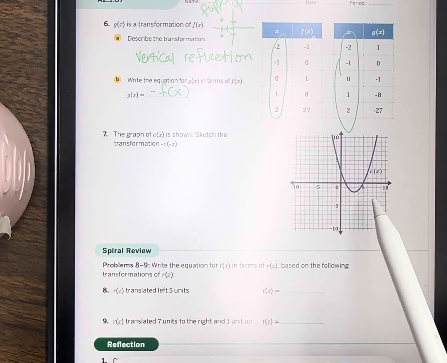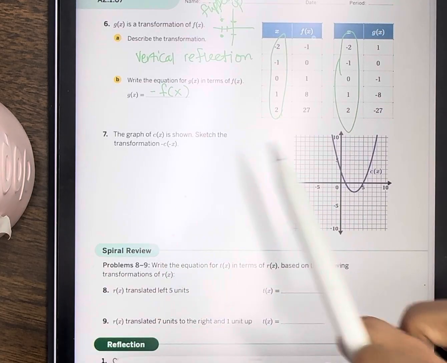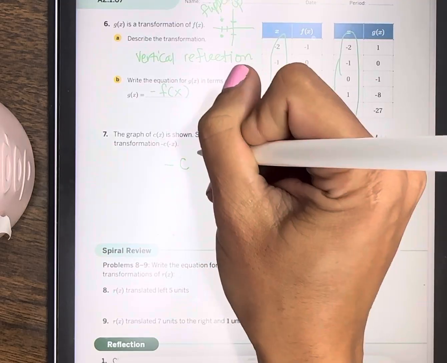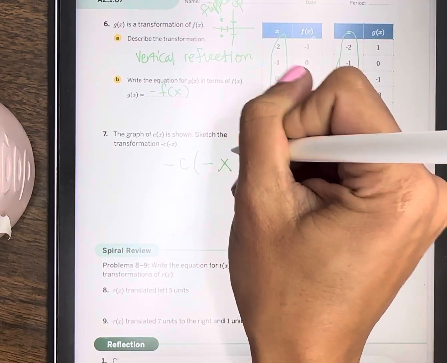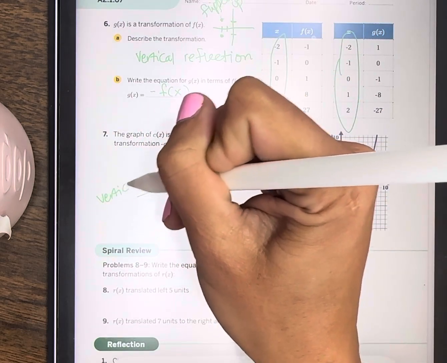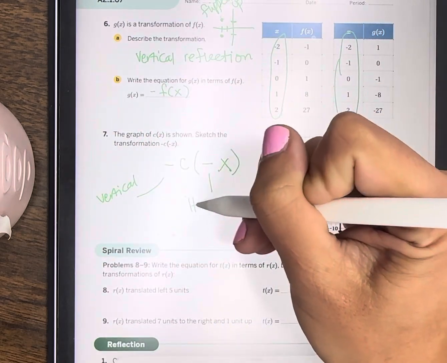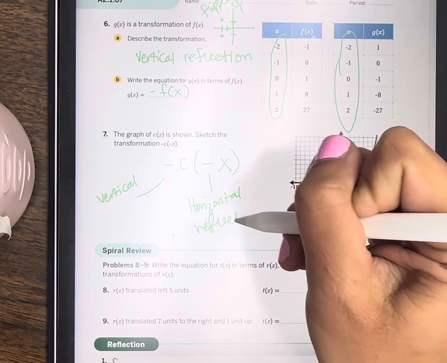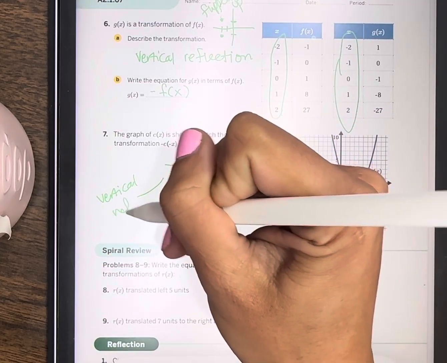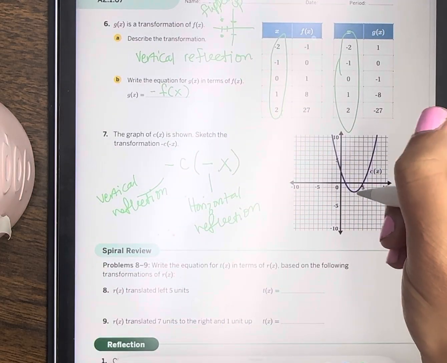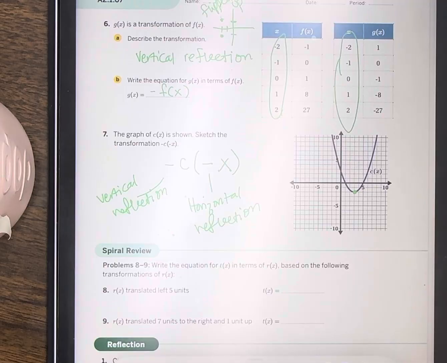Now c of x is shown right here. They want me to sketch negative c of negative x. So they're throwing two. They want me to do a vertical and a horizontal reflection. All right. Let me pick some points. I'm gonna start with the vertex.